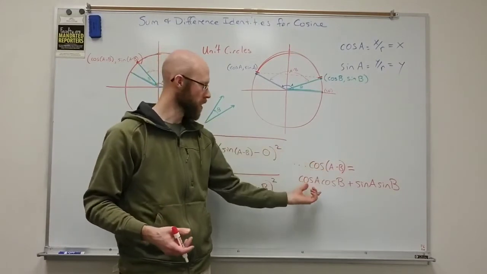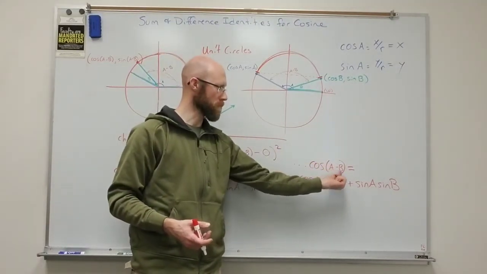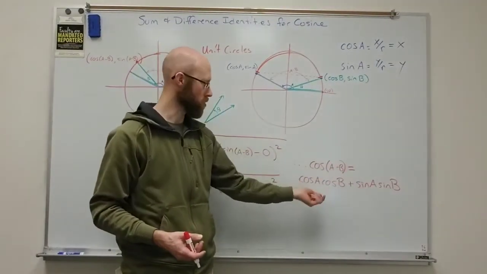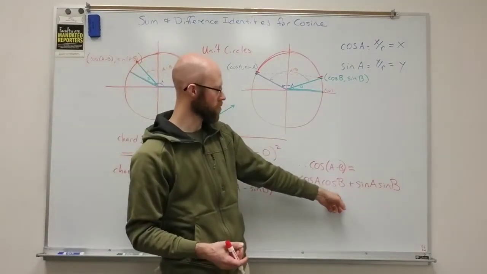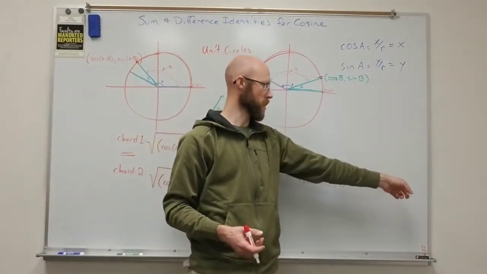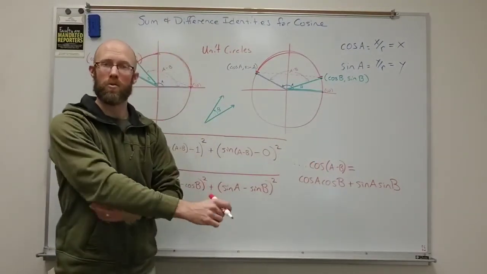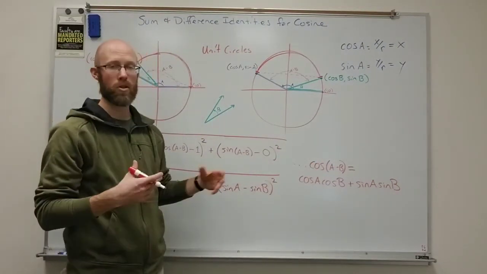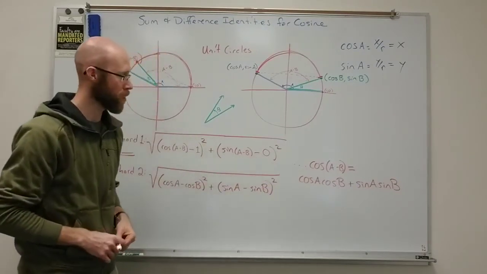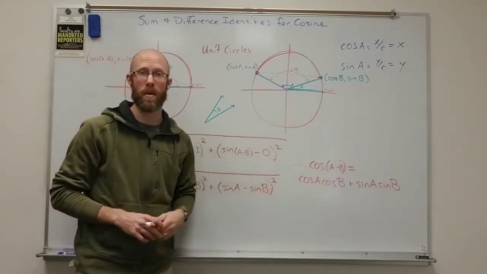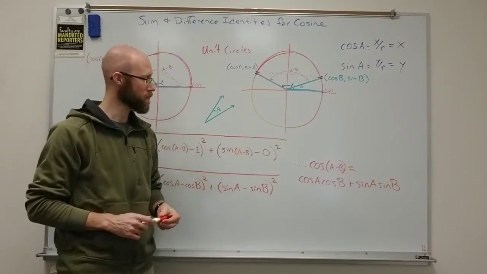If we did 90 minus 60, you get 30. So the cosine of 30 should be the same as the cosine of 90 times cosine of 60, plus sine 90 times sine 60. You could try it, you could verify it. I won't go through those details, but it would work out to be the same. You'd have the same value for both.